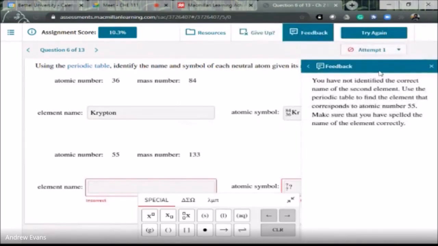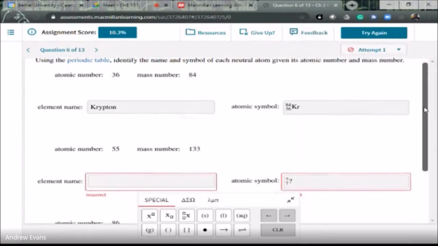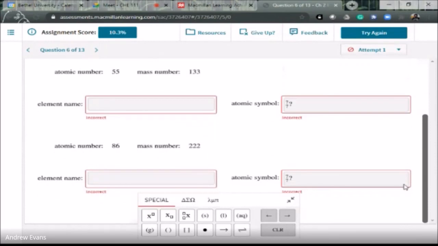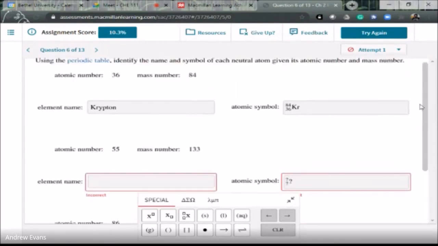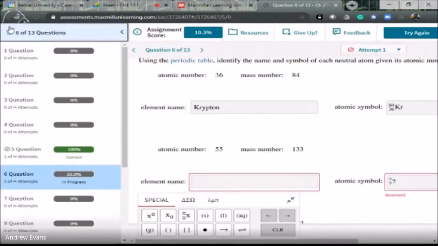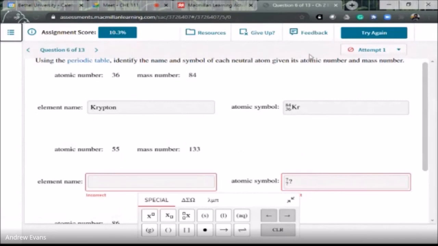And it'll tell me what I got right and what I got wrong. It has those marked wrong because I left them blank. But those marked right, you'll see I got 33% of this correct on the first try. But that's only because I filled out 1/3 of all possible blanks.